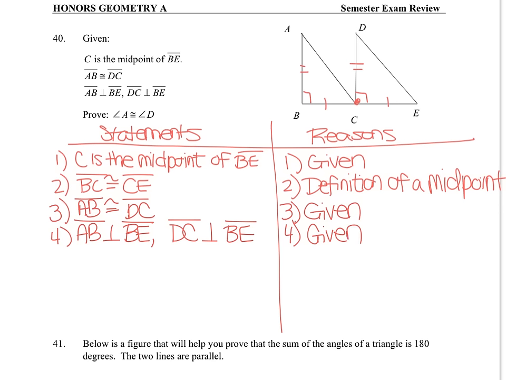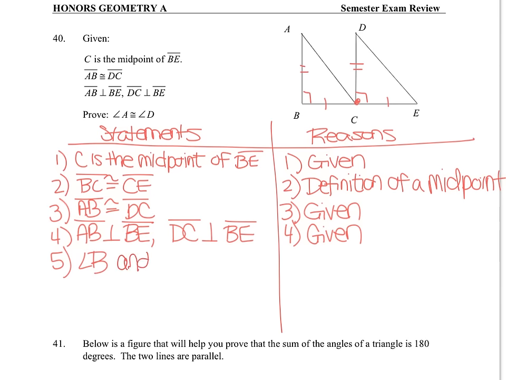And what this tells me is that both angle B, so angle B right here, and angle DCE are right angles.